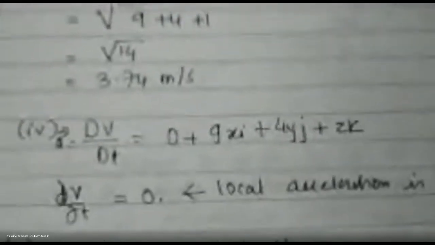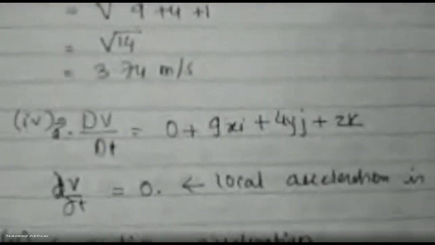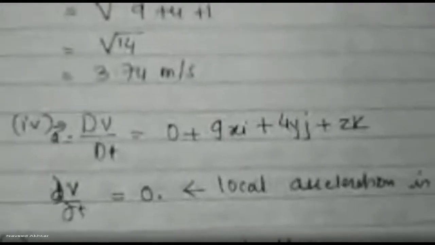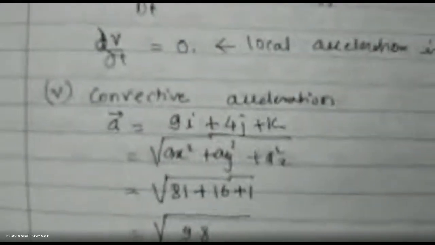Now you have to find out the acceleration field. Because dou V by dou t, the local acceleration, is 0, there is no local acceleration. Then the convective acceleration is equal to 9i plus 4j plus k.